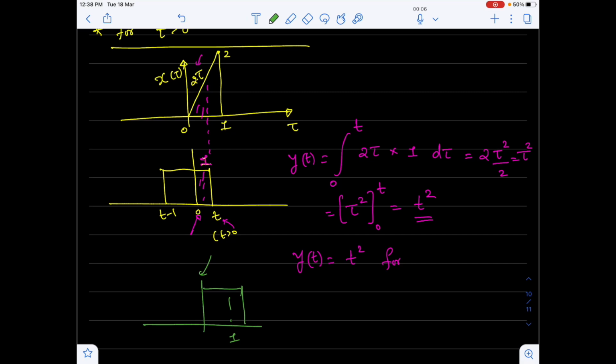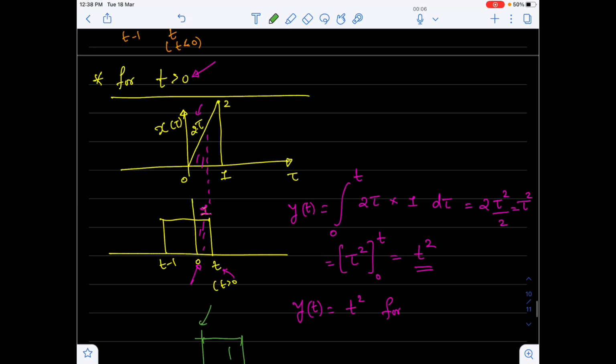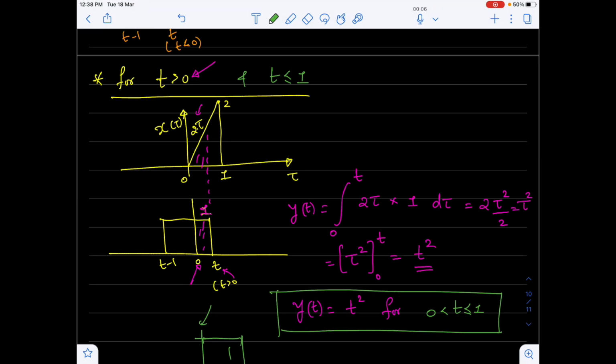If it crosses 1, that means t is greater than 1, and the region of integration will change. So this is valid for t greater than 0 and t less than or equal to 1. Up to 1 there is no issue, that means t is between 0 and 1.